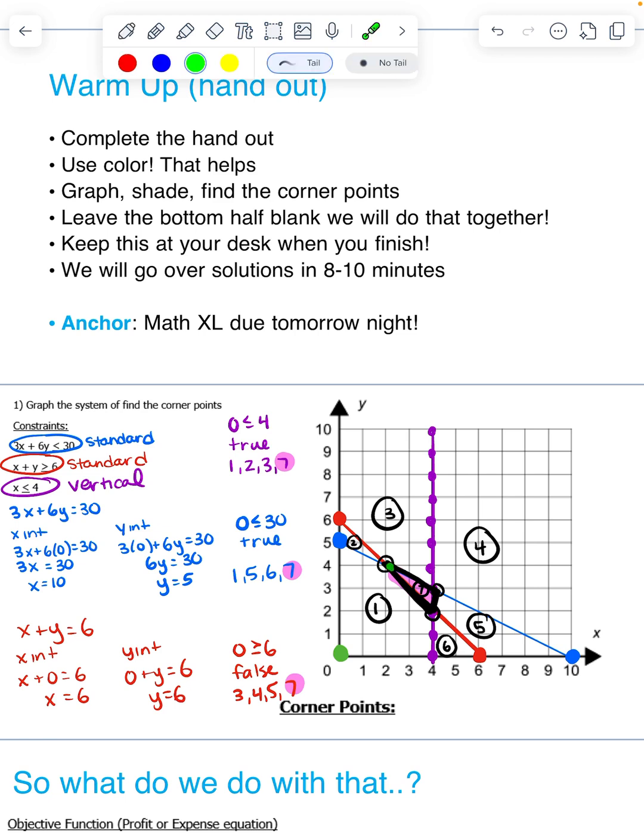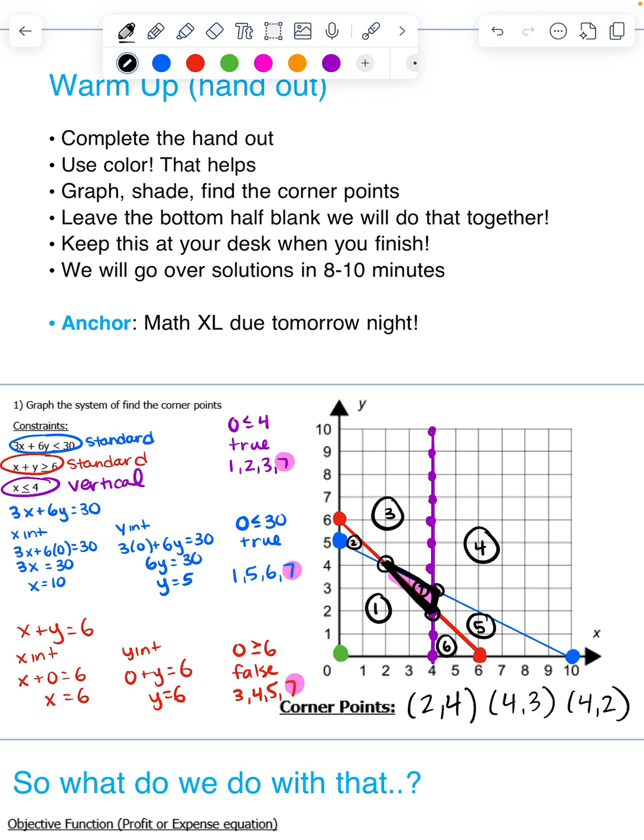So this first point here is 2, 4. This point here is 4, 3. And this point here is 4, 2. That's what we covered in class yesterday.